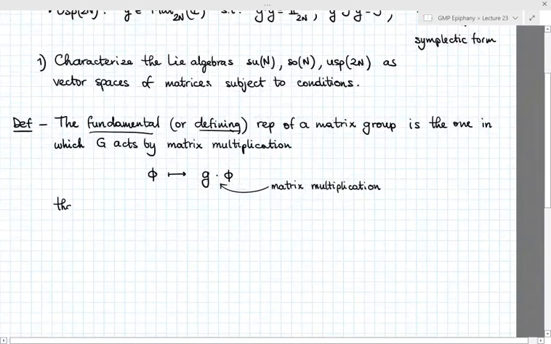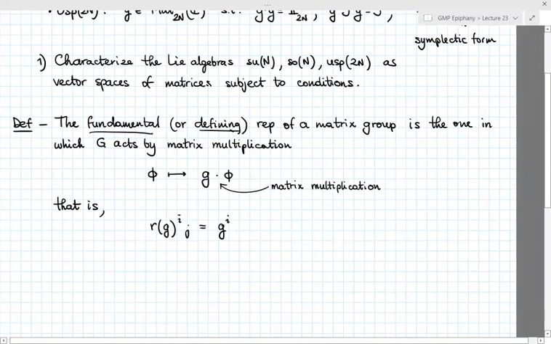Or in terms of representation, the representation matrix R(G) is simply identified with the matrix G, which specifies the group element.